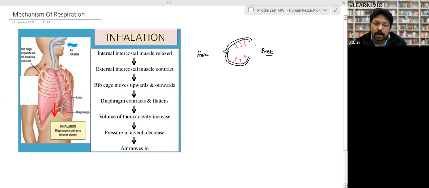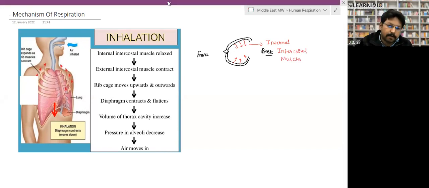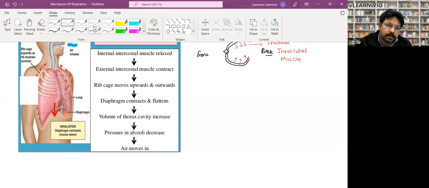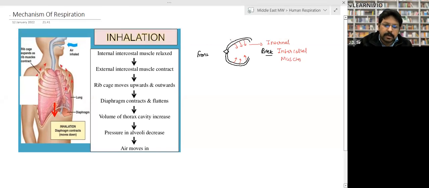These muscles are called internal intercostal muscles. Right?